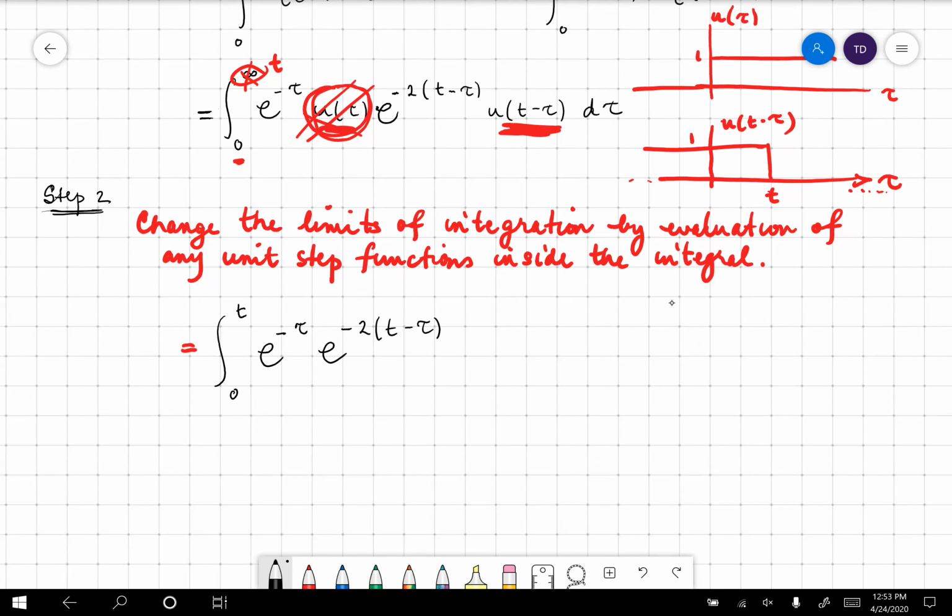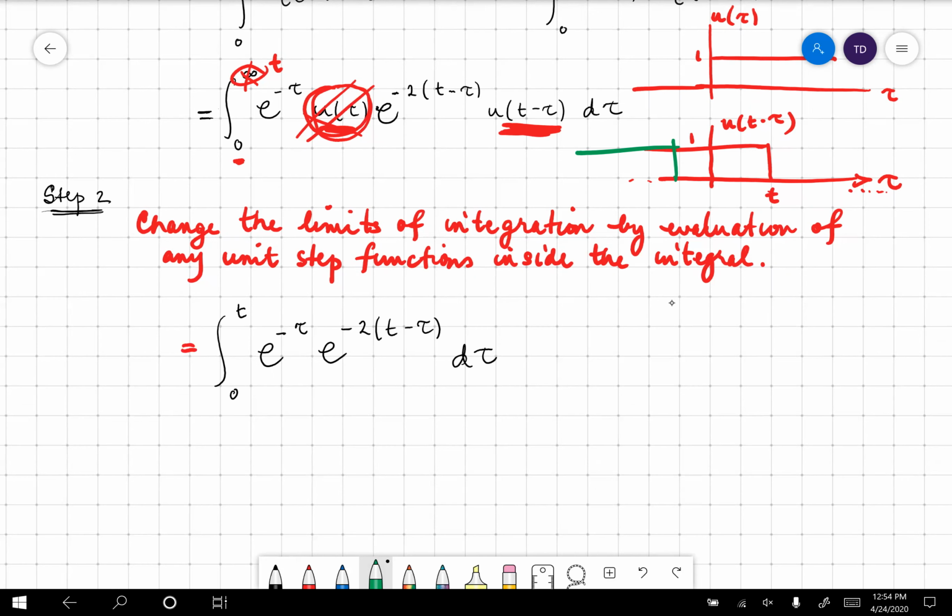Nobody knows? Provided t is greater than 0. If t is less than 0, we have this, and then we're taking the integral from 0 to some negative quantity. That's not what we have.